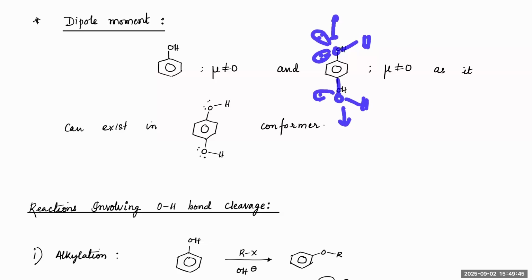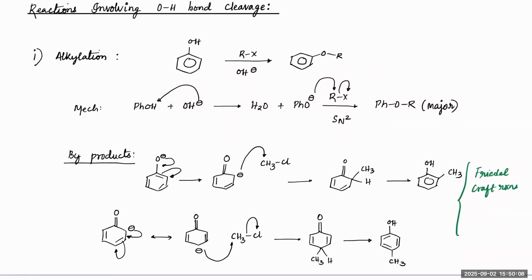Because of the lone pairs, they will not be exactly opposite to each other. One dipole will be here, one dipole will be here, and these dipoles will get added, and a resultant dipole will be in this direction. That's why for quinols, the dipole moment is non-zero. Clear?